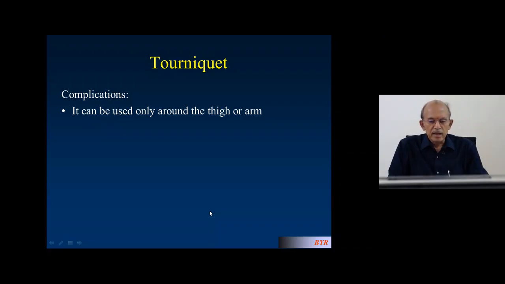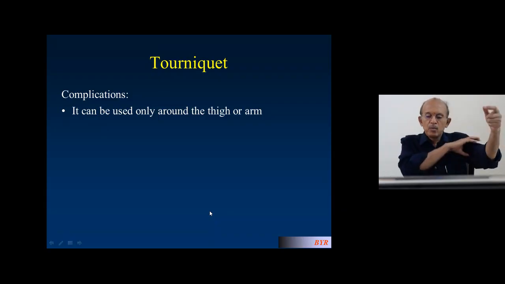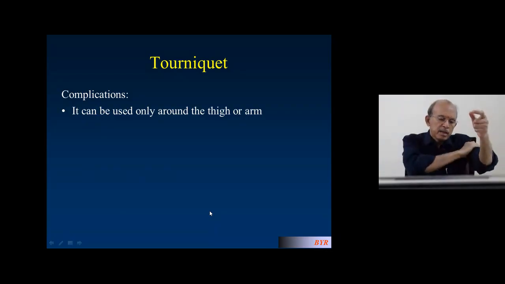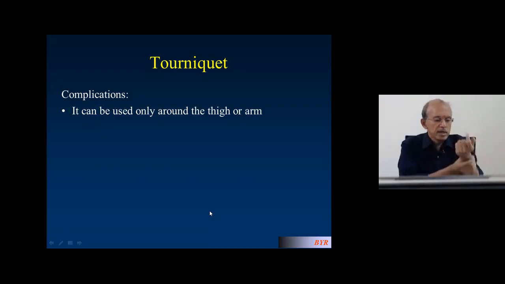In the thigh and arm, there is only one bone and artery is there. So when you tie the tourniquet, it will cause pressure there. If it is over the forearm or over the leg, there are two bones there, and the arteries are there between the bones.